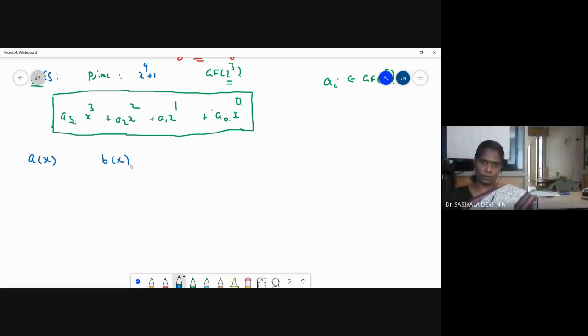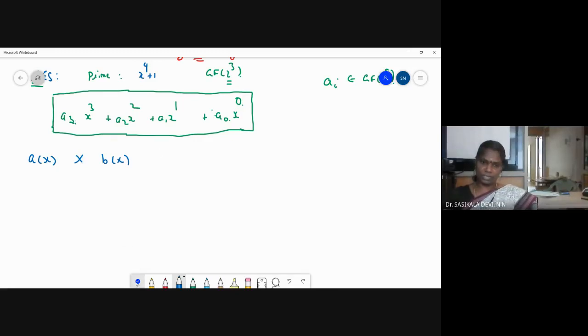Now let's go for a multiplication. I need to multiply the two polynomials, A of x multiplied by B of x, where both are polynomial rings. As I already said, the coefficient reduction should be based on GF of 2 power 8.